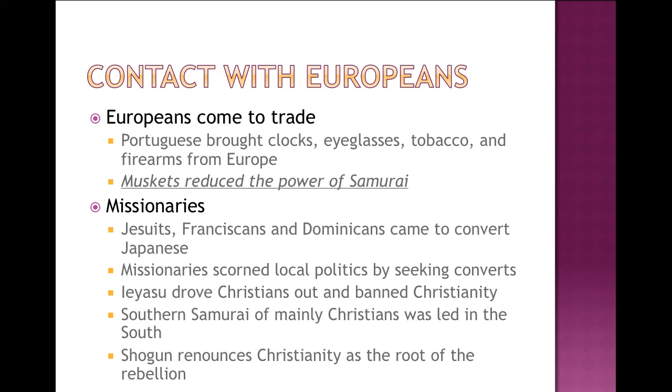He bans Christianity. Another thing that causes Christianity to get banned is that some samurai in the south, mainly made up of Christians, caused a rebellion, and so the shogun renounces Christianity as the cause of the rebellion. But Europeans continue to make contact with the Japanese.